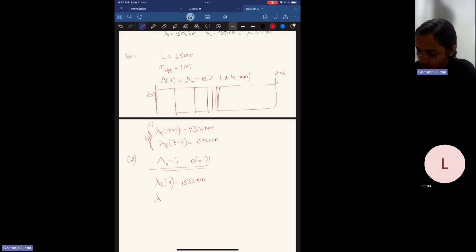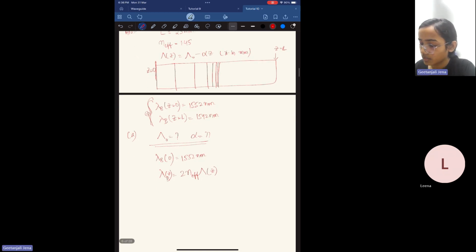We know the Bragg condition, lambda B of z equals 2 n effective times lambda of z, where lambda of z is lambda 0 minus alpha z. When z equals 0, we get lambda B0 equals 2 n effective lambda 0.